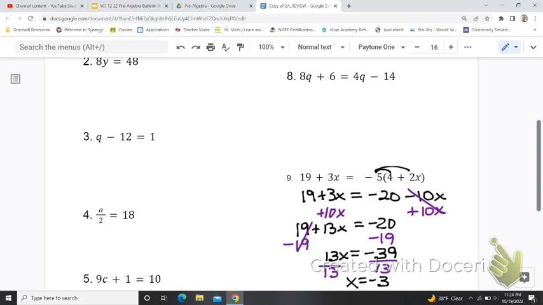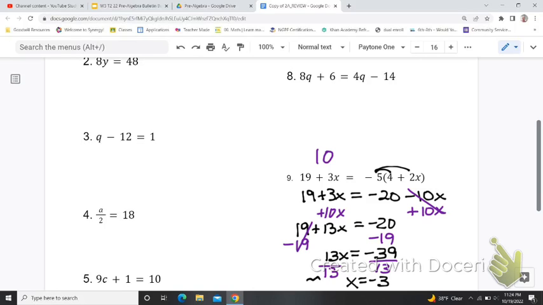Once again, any of these problems you could replace the x's in the equation at the beginning with your solution and see if the left side is equal to the right side. In this case, if I plugged in negative 3, on the left, negative 3 times negative 3 is negative 9, and negative 9 plus 19 would be 10.